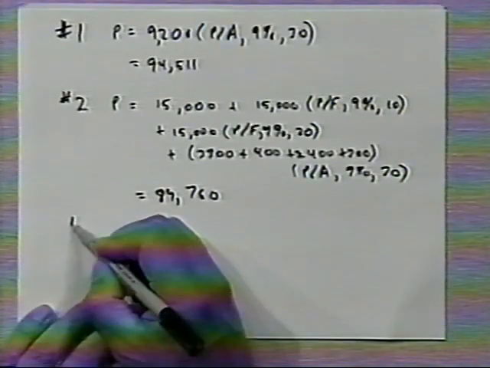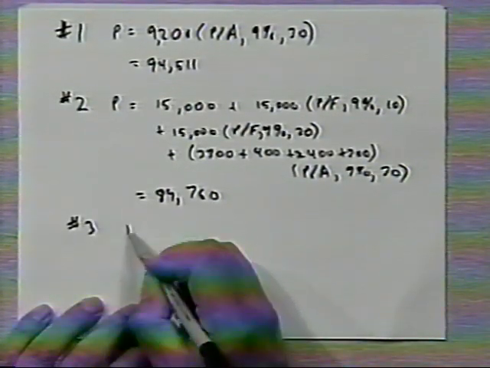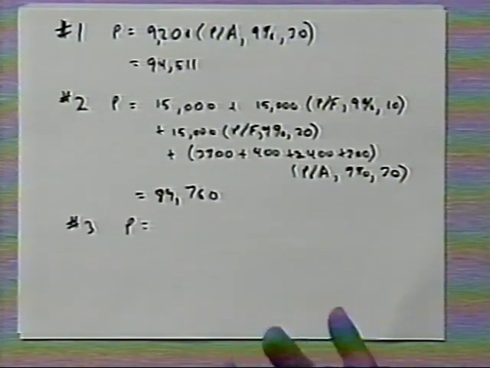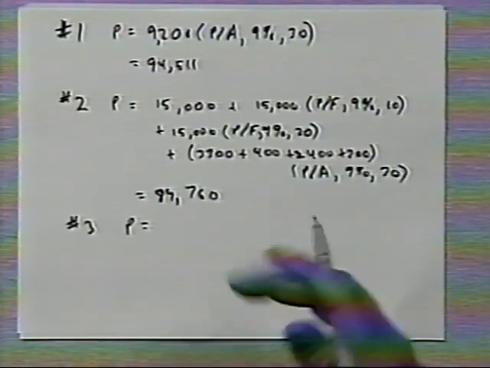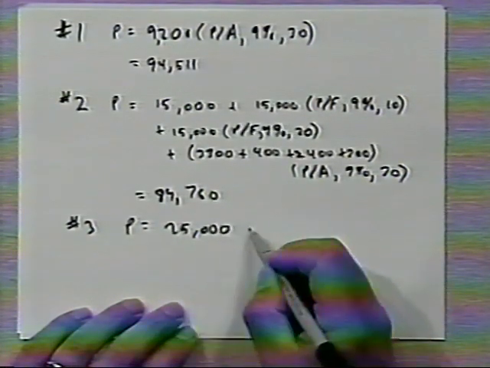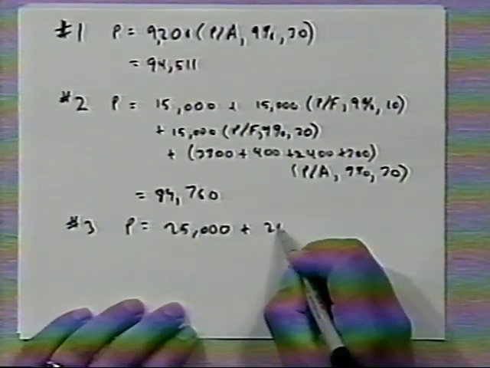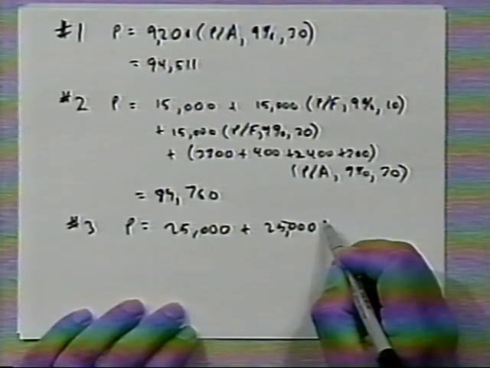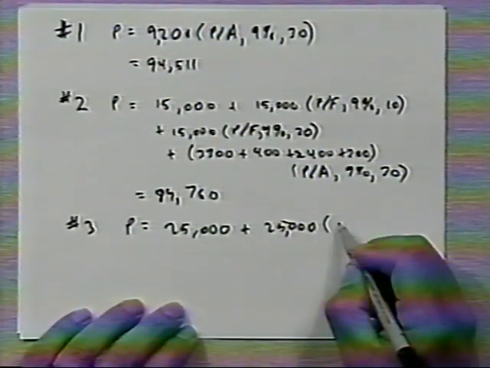$89,760. And for alternative number 3, again with the same principle, we're buying alternative number 3 twice. Once now, once 15 years from now. So we've got a $250,000 first cost now, $25,000 cost 15 years from now.